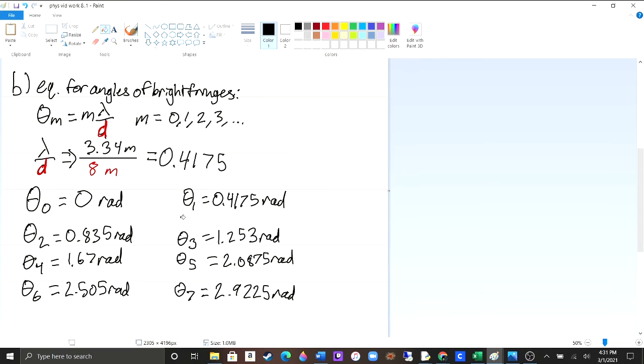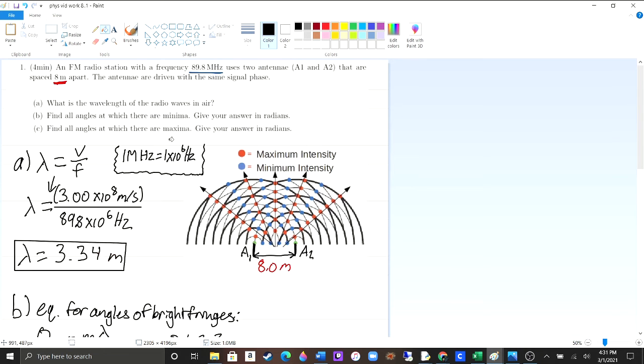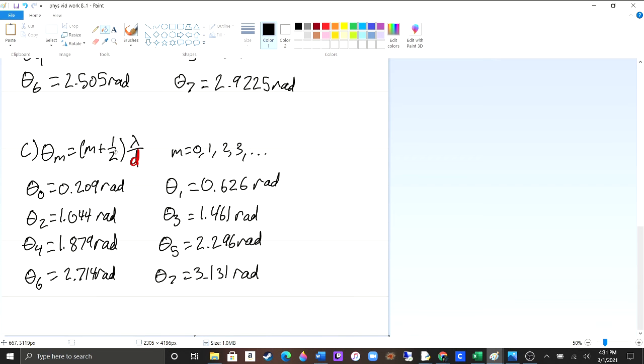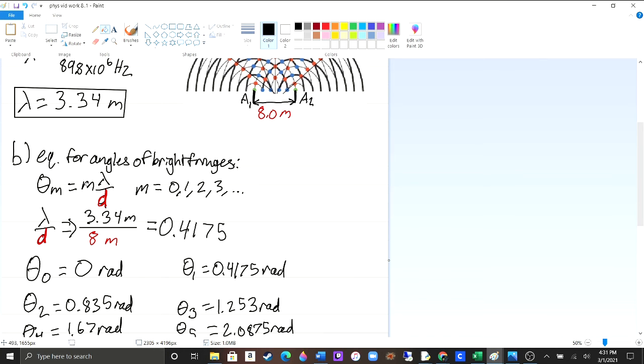So for maxima, which is what part C is asking, we aren't doing the m plus 1/2. Instead, we're just doing m, which represents where all of the bright fringes are. And this is from the textbook.